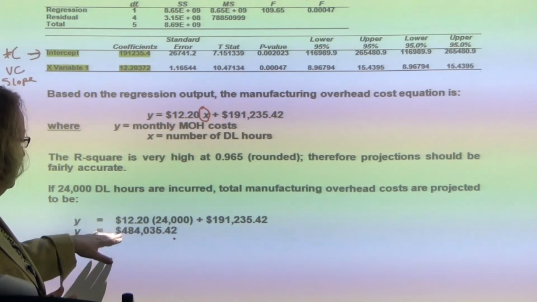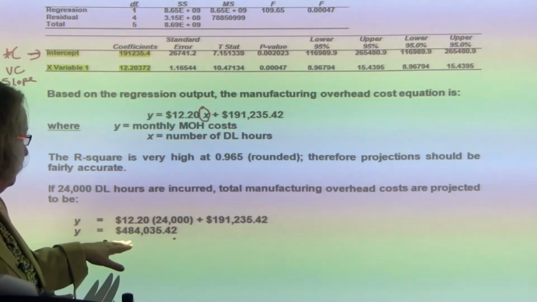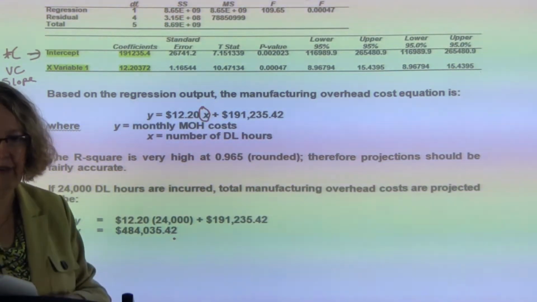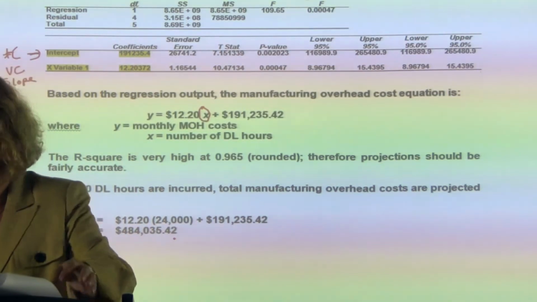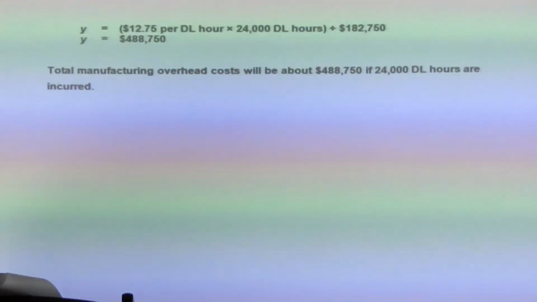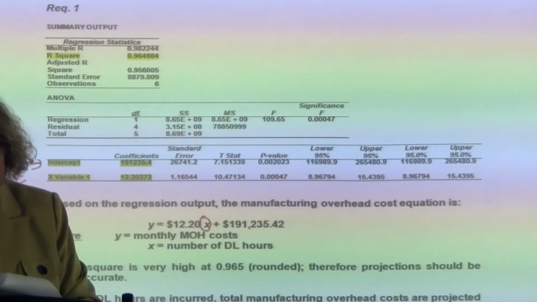At 24,000 units, your total cost is going to be 484,035, whereas when we did that same thing using the high-low method, the total cost was 488,750. So there is a difference when you're looking at your total cost. That is requirement 1.